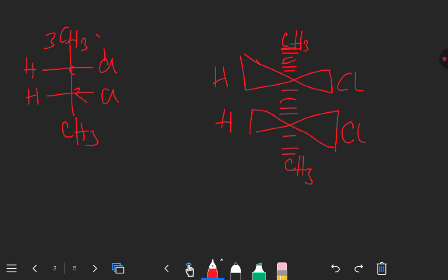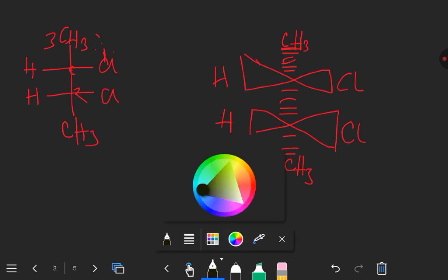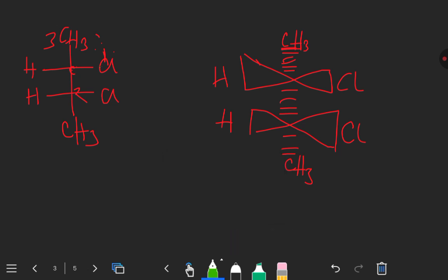So we are moving in this manner. We start on 1 at chlorine, then we move to 2, then 3. We can see that this kind of movement is actually clockwise. Then the 4th group, which is hydrogen, is towards us.